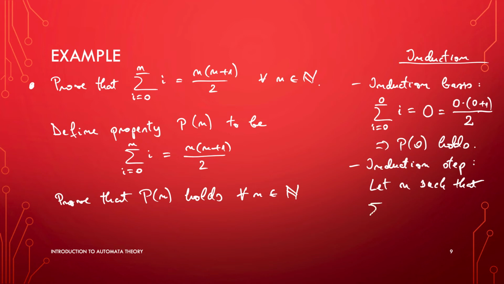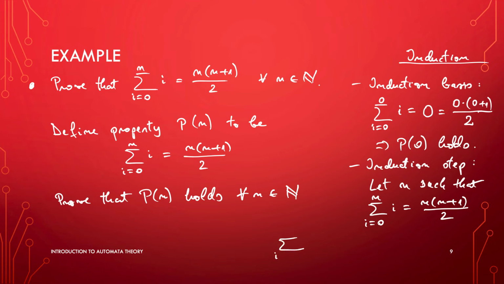So we have that the sum from i equals 0 to n of i is equal to n times n plus 1 over 2. And I want to start working on my P of n plus 1 property, so I'm just going to write it here.